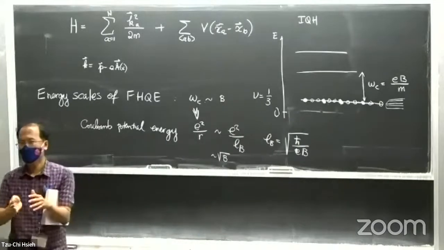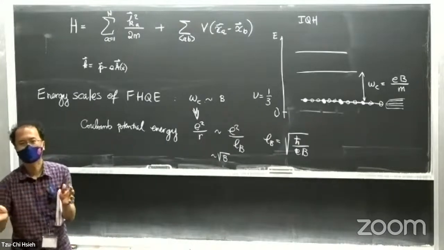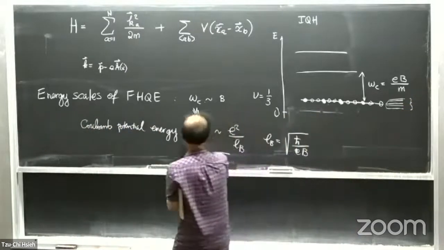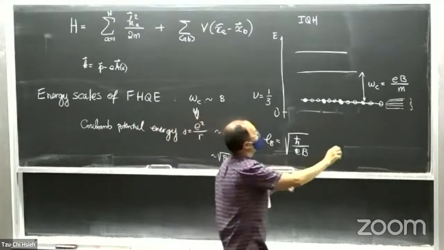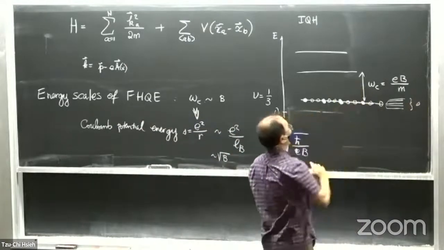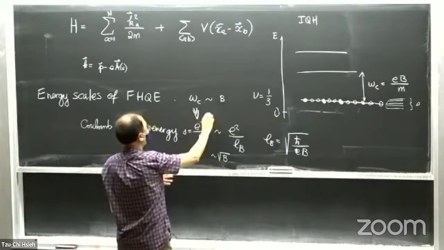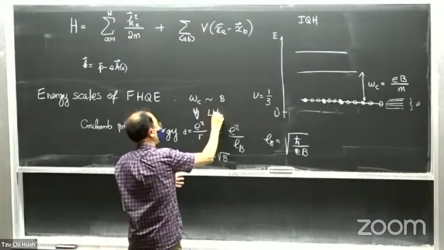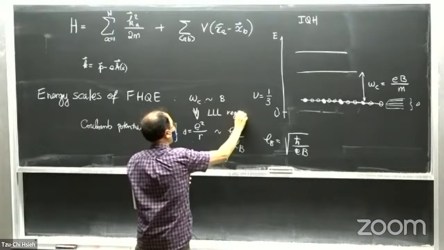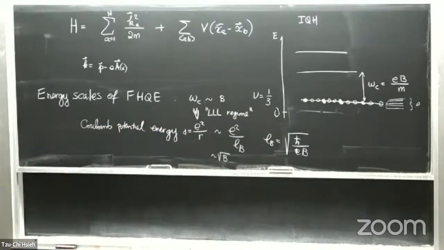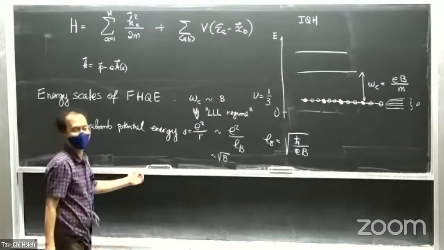The interaction is going to split the degeneracy, and we have a set of states, but the energy scale here is going to be that energy that we call delta, which is still small compared to the distance to the next Landau level. So we are going to consider this regime, which is called the lowest Landau level regime. We concentrate our attention on this regime. Okay, so any questions?